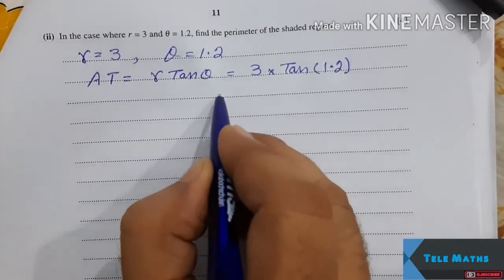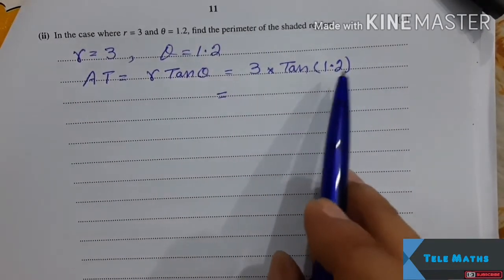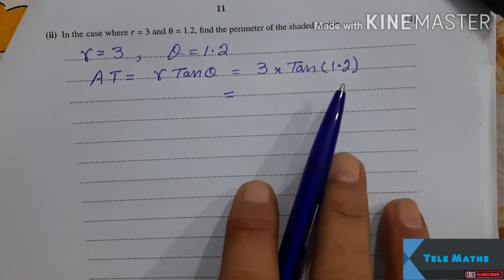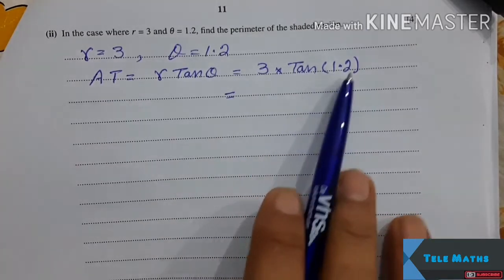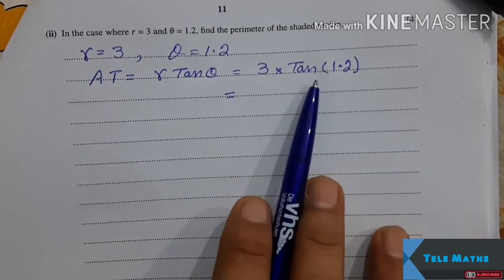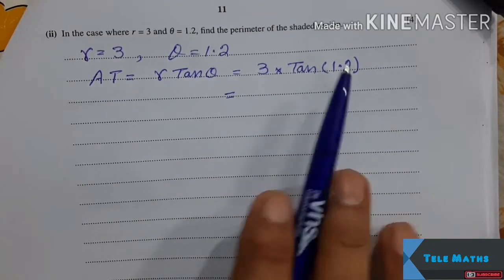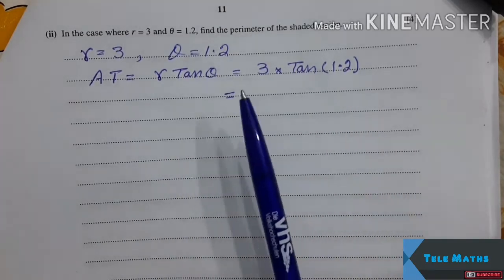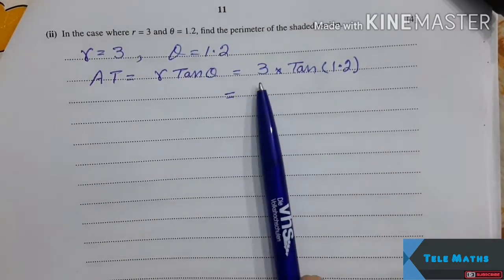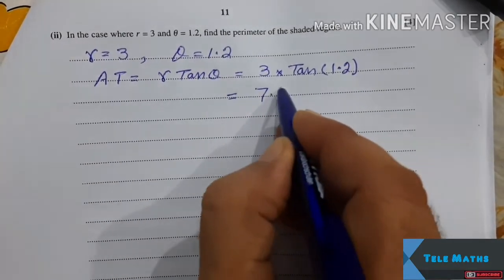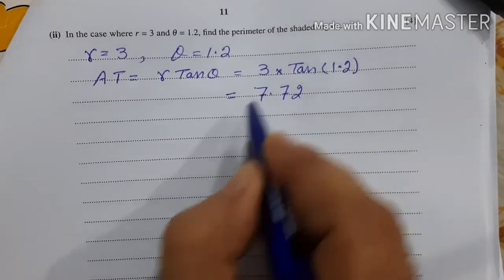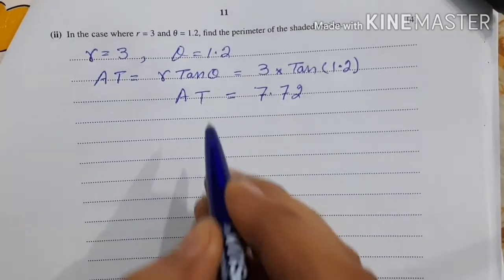Don't forget to change your calculator into radian mode, so that your values of tan will be correct, otherwise there will be wrong values. So 3 tan 1.2 will become 7.72. This is the value of AT.